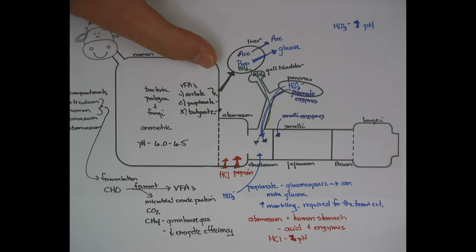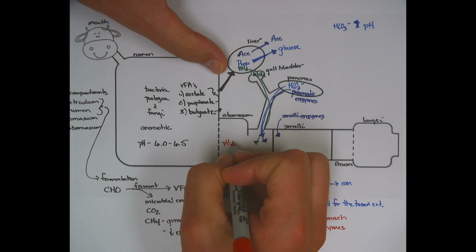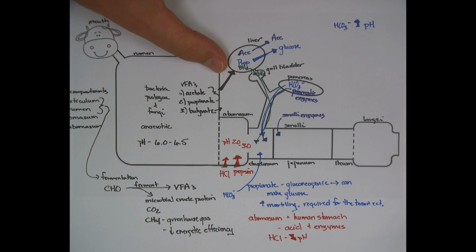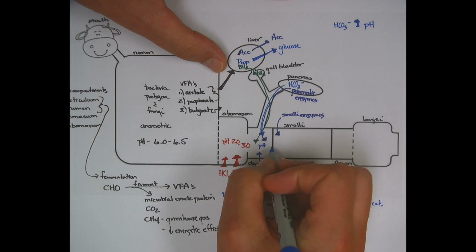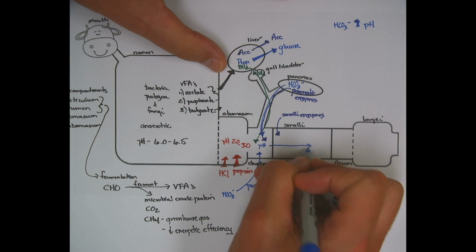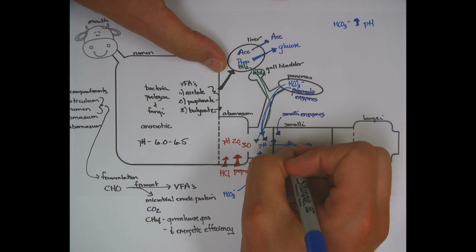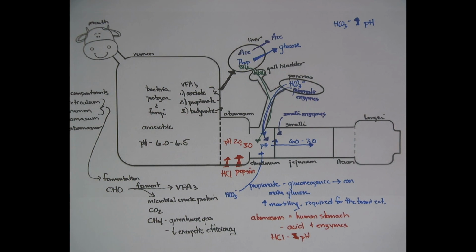Okay, and so the pH here is somewhere 2 to 3. And then in the small intestine, the pH increases. As we move distally, or as we move down, our pH is going to increase. And we get somewhere close to 6 or 7 in the latter parts of the small intestine.